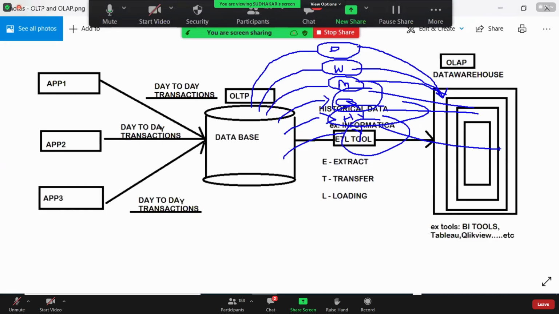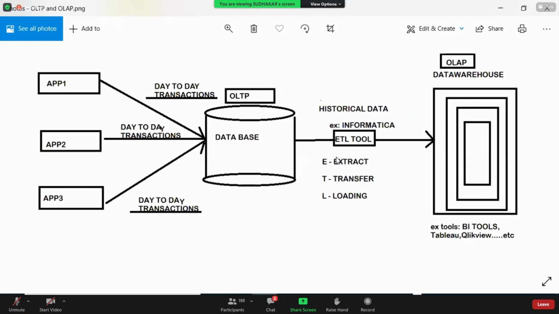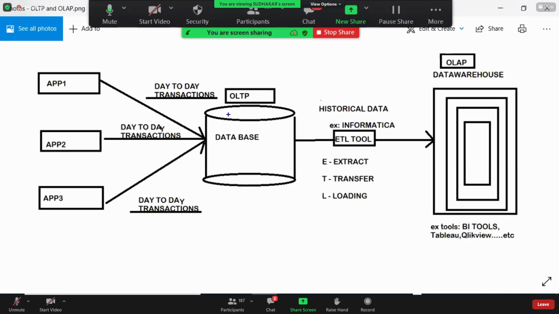Now, how do they transfer it? With the help of ETL tools. With ETL tools, they transfer the data from OLTP to OLAP. This is how they manage the two databases in their industry: first OLTP, and second OLAP.